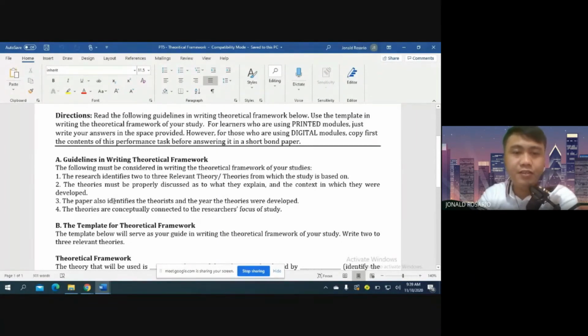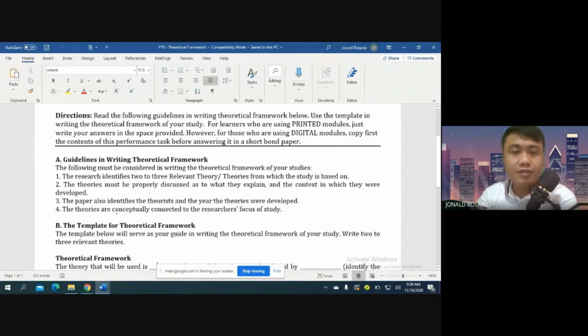The paper also identifies the theories. Okay, theories, ibig sabihin kung sino yung mga may-ari ng mga theories na yan and the year the theories were developed. So that's important. Pakilagay yung mga theories, yung mga kung sino yung gumawa ng mga theory at kung anong taon na-develop yung mga theories.